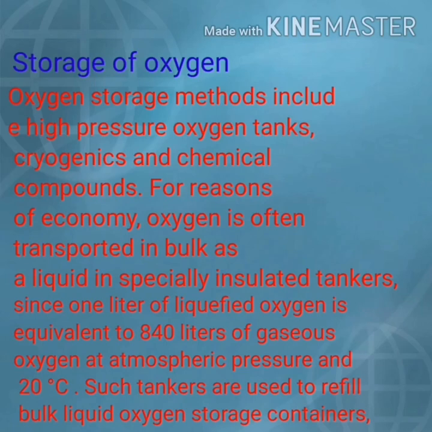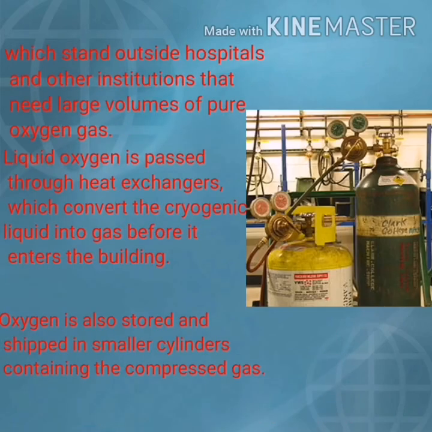Such tanks are used to refill bulk liquid oxygen storage containers, which stand outside hospitals and other institutions that need large volumes of pure oxygen gas. Liquid oxygen is passed through a heat exchanger, which converts the cryogenic liquid into gas before it enters the building. Oxygen is also stored and shipped in small cylinders containing the compressed gas.